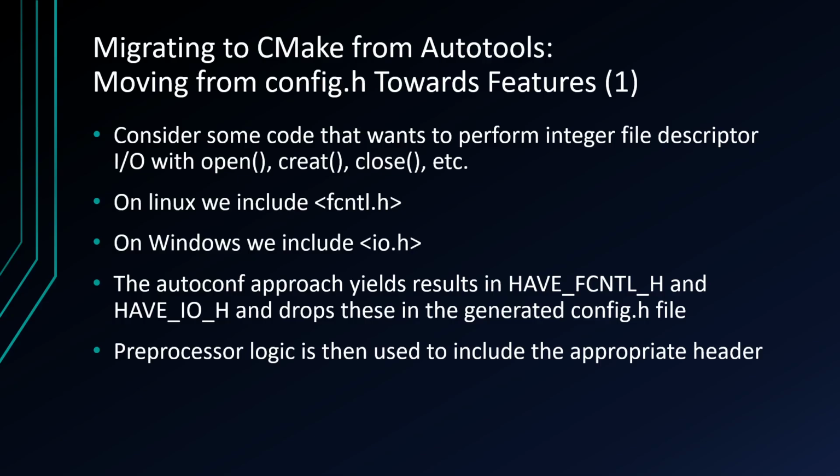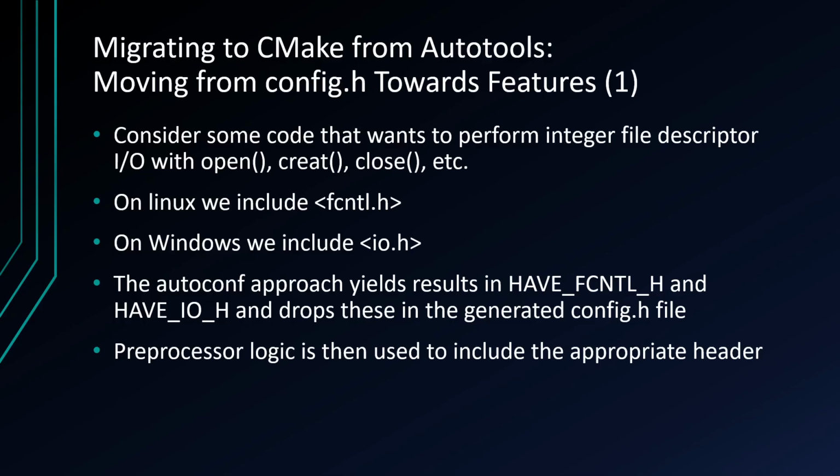A specific example to walk through: suppose you want to perform integer file descriptor IO using those functions open, creat with no trailing E, close, etc. On Linux, you would include fcntl.h. On Windows, you would include io.h. And on Windows, it would probably also yak at you that you're using non-standard POSIX function names. That's a detail you can iron out later by setting the appropriate compiler flags.